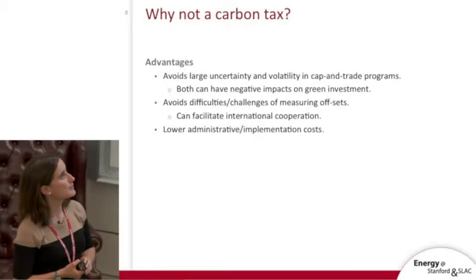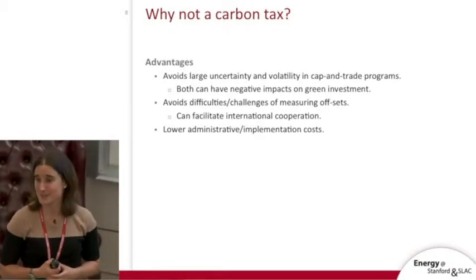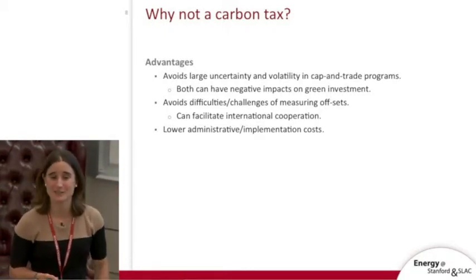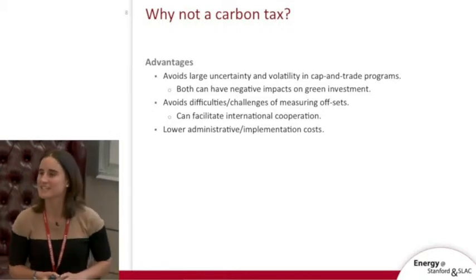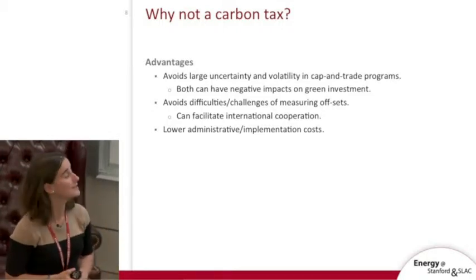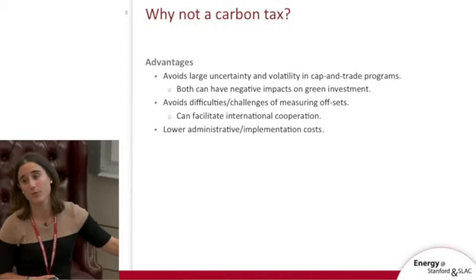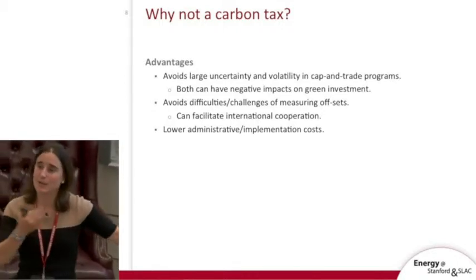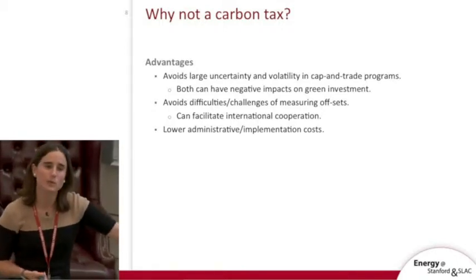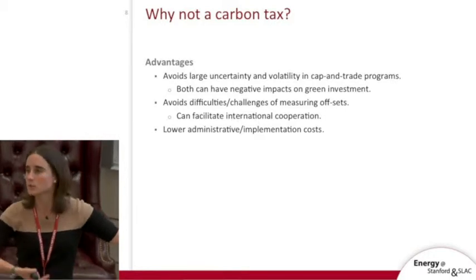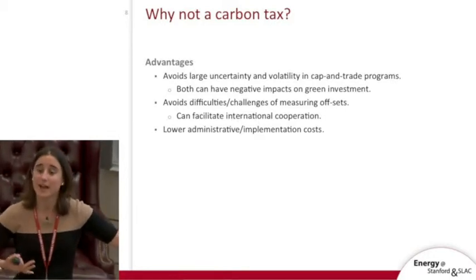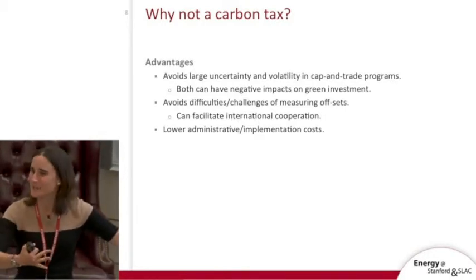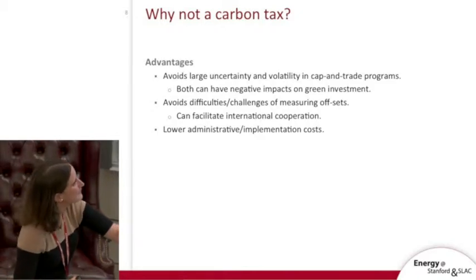So in terms of a carbon tax, it avoids this uncertainty. Okay, it's a price and it's kind of fixed. Yeah, maybe they will change it eventually, but it's much more certain. Okay, so this can be a good thing about prices. Again, remember that in the context of the framework, what we want is to set the tax equal to the social cost of carbon. And a big question is whether we can actually manage to do that.